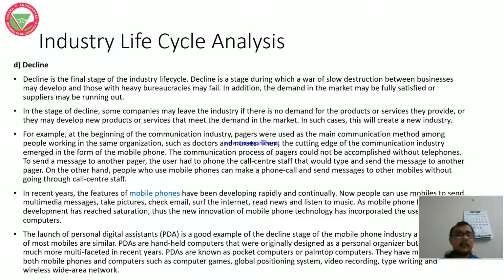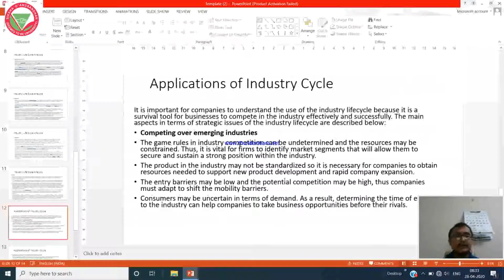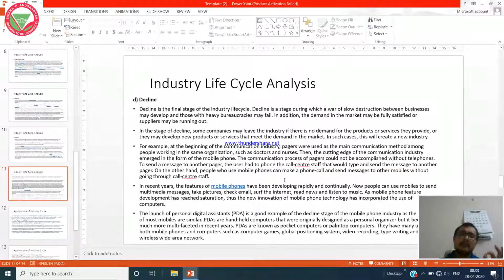Now people can use mobiles to send multimedia messages, videos, take pictures, email, surf the internet, read news, listening to music. As the mobile phone feature development has reached saturation, new innovation of mobile phone technology has incorporated the use of computers.